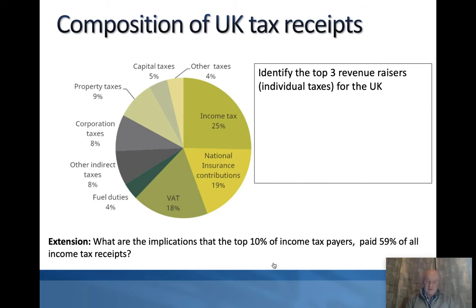There are a couple of other things to bear in mind before we move on to look at the composition of UK tax receipts, and that is something that was first suggested by Adam Smith, which is to do with what the taxation system must be. And he came up with four canons of taxation, which basically were that it needs to be economic, i.e. it needs to be cheap and easy to collect in relation to the amount of revenue that it yields.